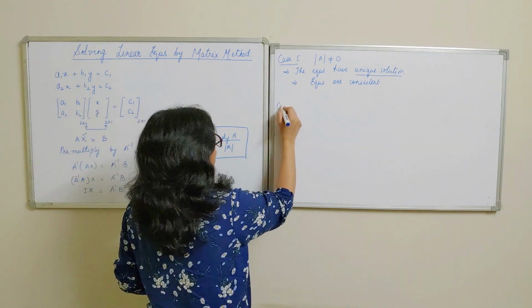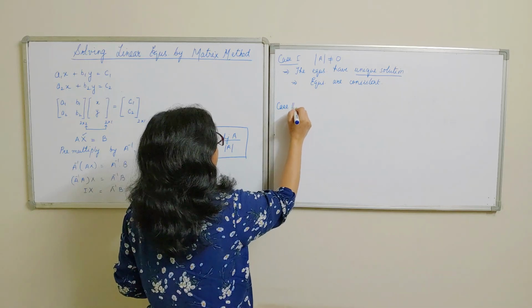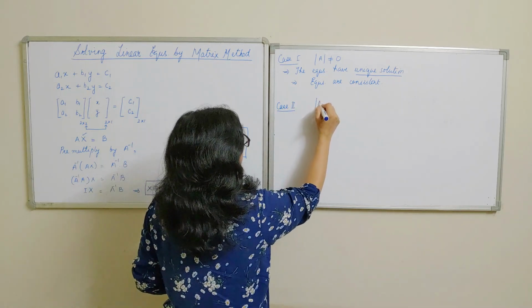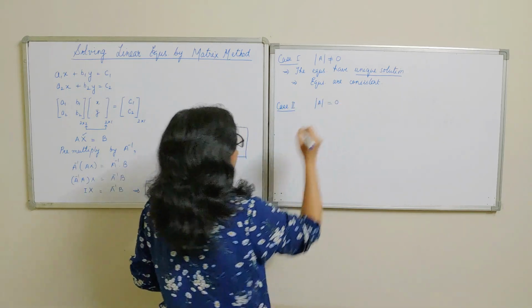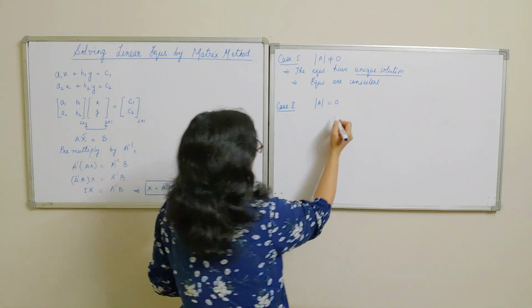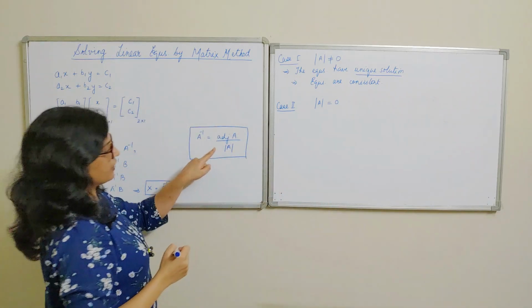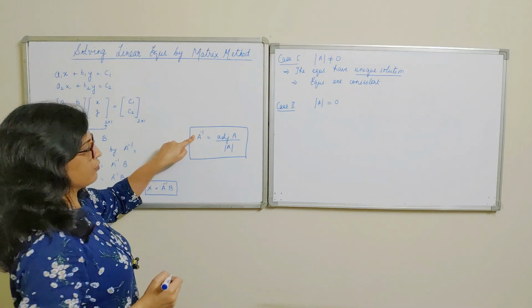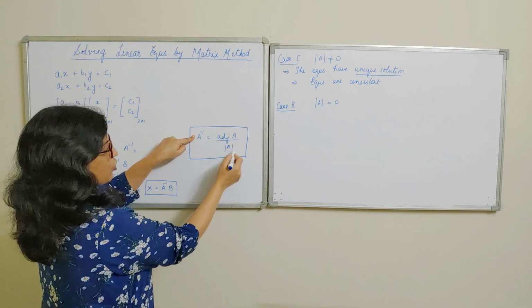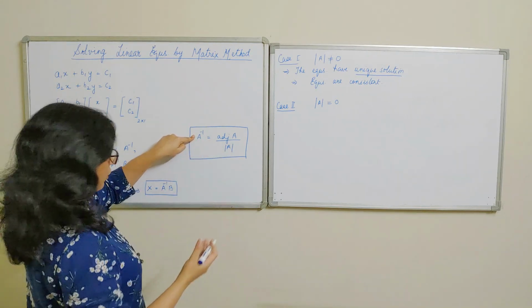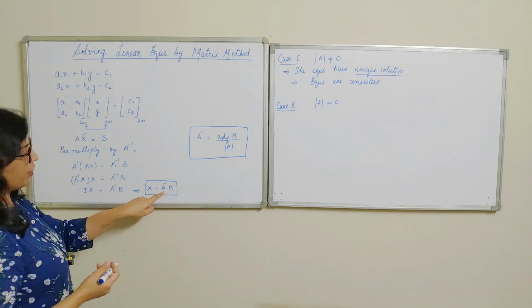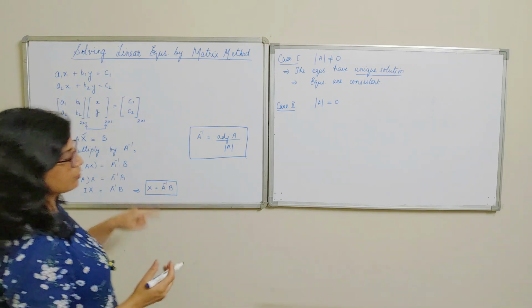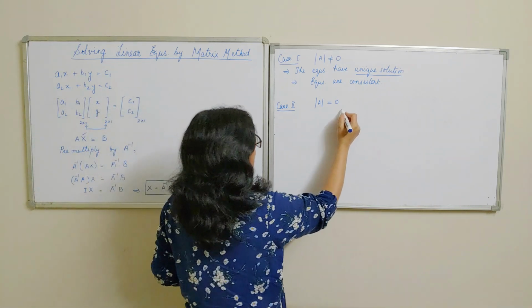There can be a situation where determinant A is equal to 0. In that case A inverse cannot be found because the denominator is 0, that means A inverse is not defined, and so X cannot be found. So what is to be done in that case?